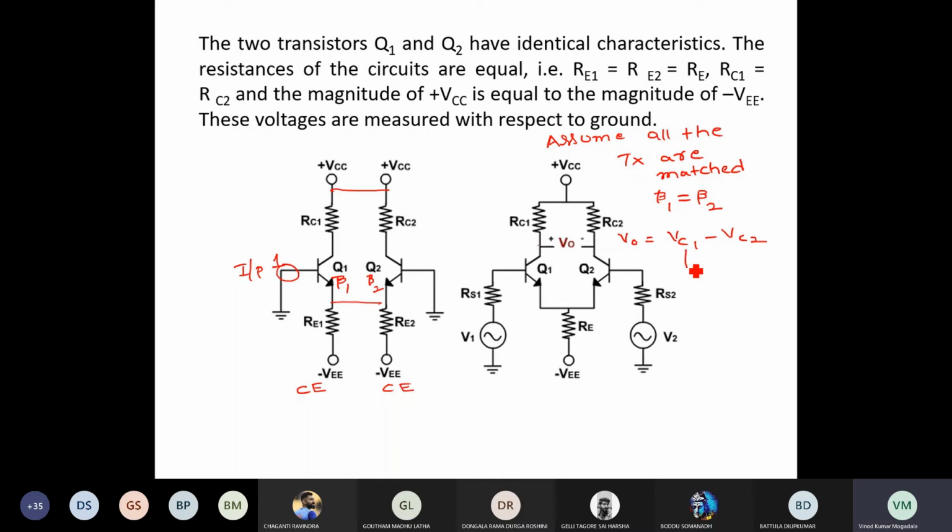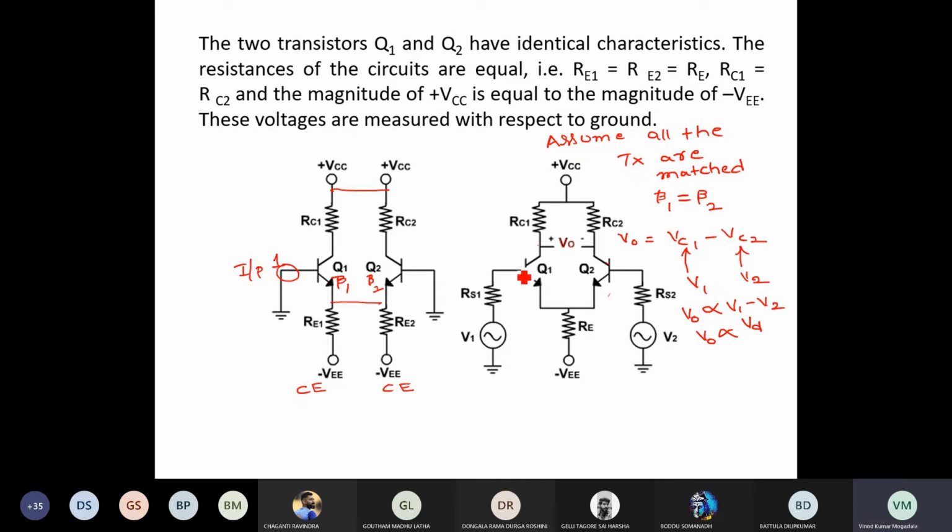Vc1 will be proportional to V1 and Vc2 will be proportional to V2. So V0 is proportional to V1 minus V2, which is nothing but the differential voltage. So the output voltage for this configuration is proportional to VD.